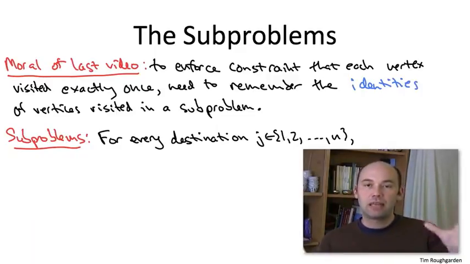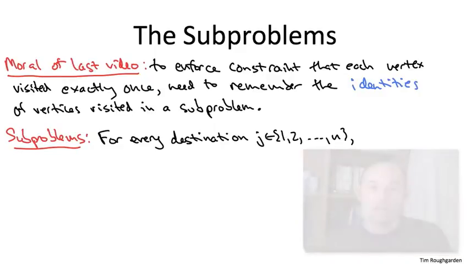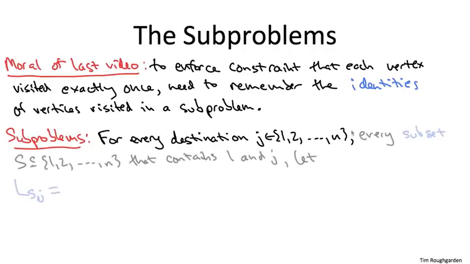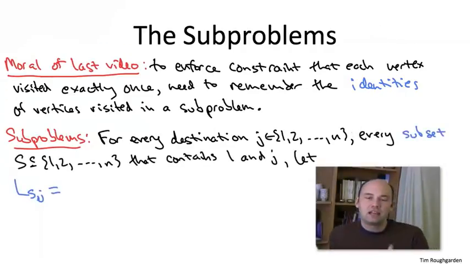So that's going to be a subset, capital S, a subset of 1 through n, and of course it better contain the initial vertex 1 and the final vertex J. And so for a given choice of J and a given choice of capital S, we define L sub S comma J as the length of a shortest path that starts at vertex 1, ends at vertex J, visits precisely the vertices in capital S exactly once each.